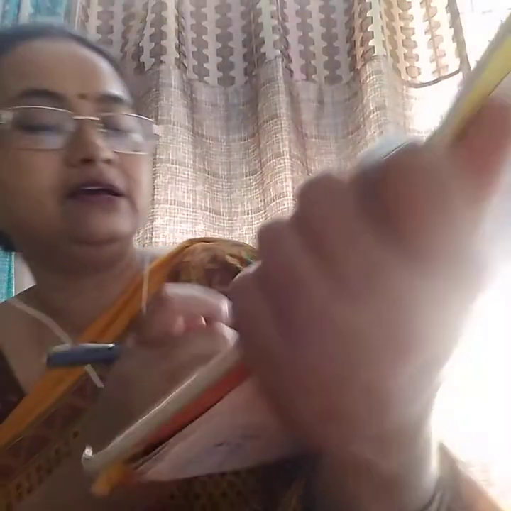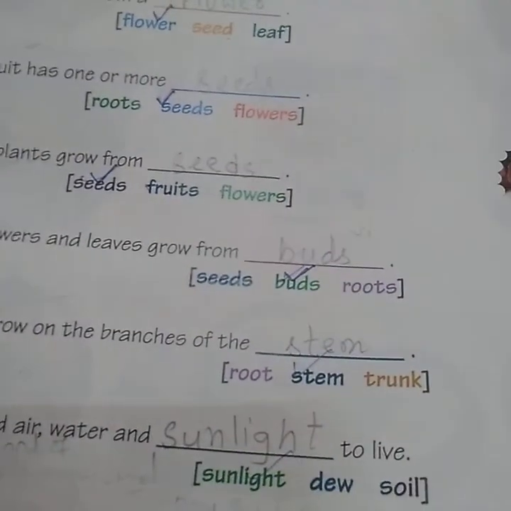What are buds? Buds are the small part of a plant from where flowers or fruit develop, and some leaves also develop from buds. So new flowers and leaves grow from buds. You will put a tick mark here and write down buds in the blank. Next one is number 9: leaves grow on the branches of a dash.